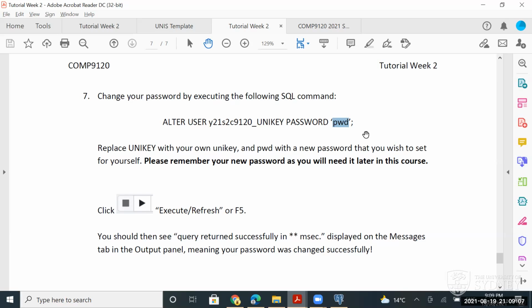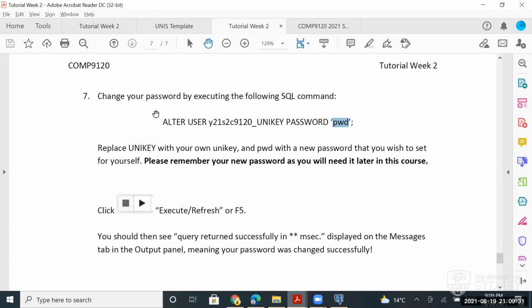If you want to reset your password, you have to contact the school admin officer to help you. So that's why, if you change your password in step 7 here, make sure you remember your new password. Choose something that you remember.